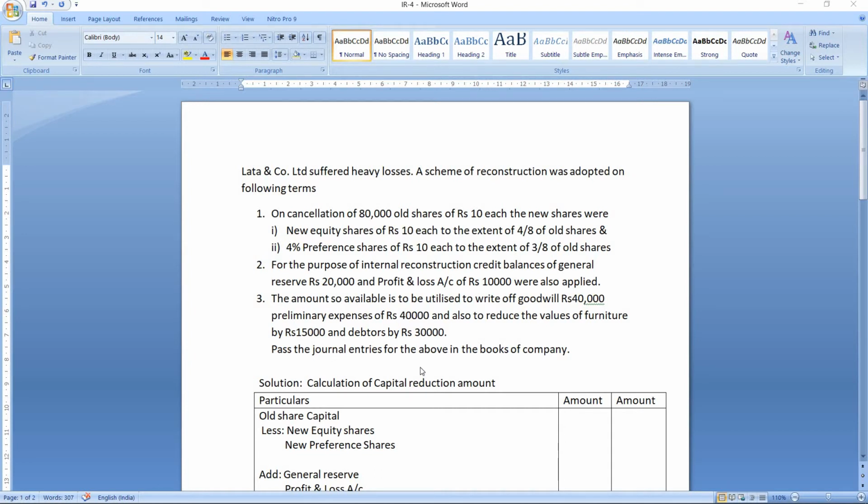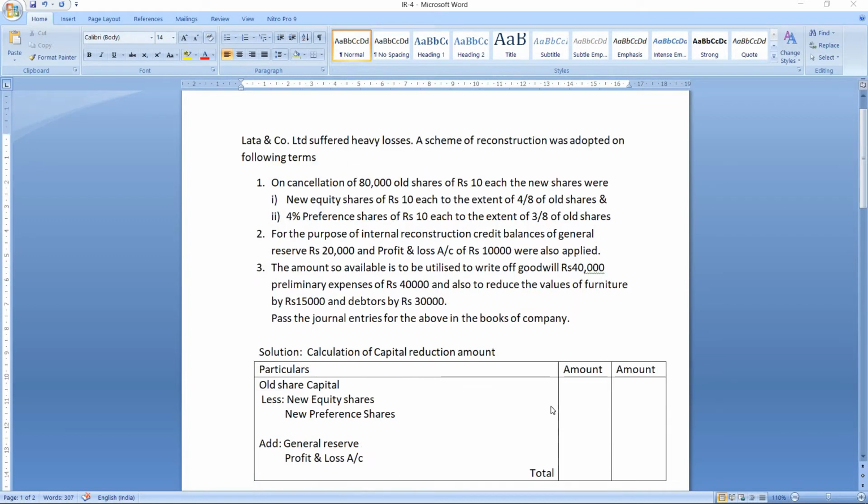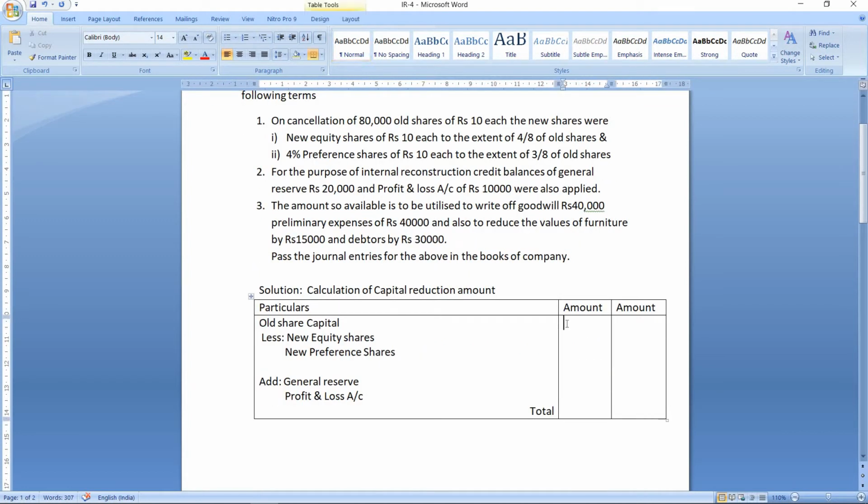First we will calculate how much is the amount of capital reduction. So here you can see our old share capital is how much? 80,000 shares of rupees 10 each. That means you have 8 lakh rupees. Okay, 8 lakh is your old share capital.